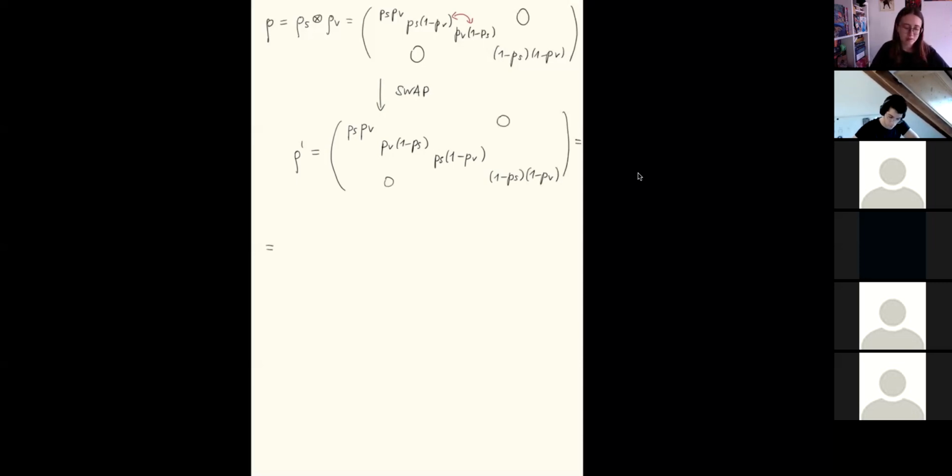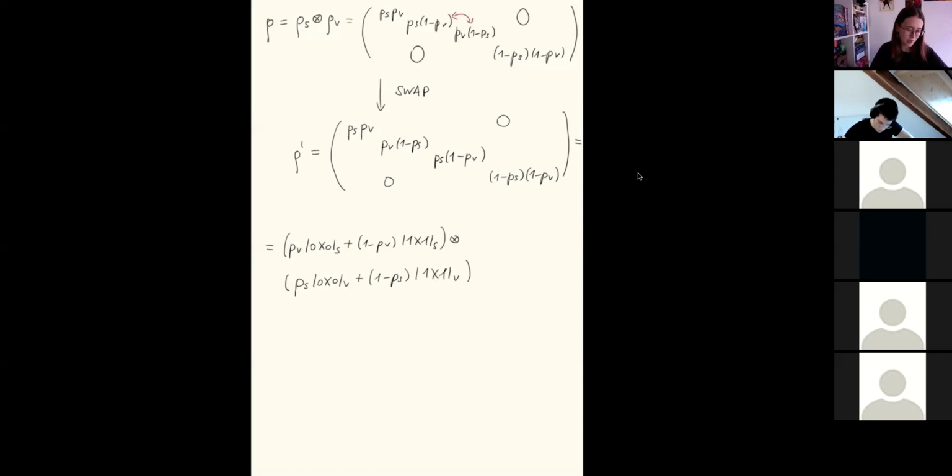This can be written as the following tensor product of the two individual systems: P_V|0⟩⟨0|_S plus (1 minus P_V)|1⟩⟨1|_S, tensor P_S|0⟩⟨0|_V plus (1 minus P_S)|1⟩⟨1|_V.